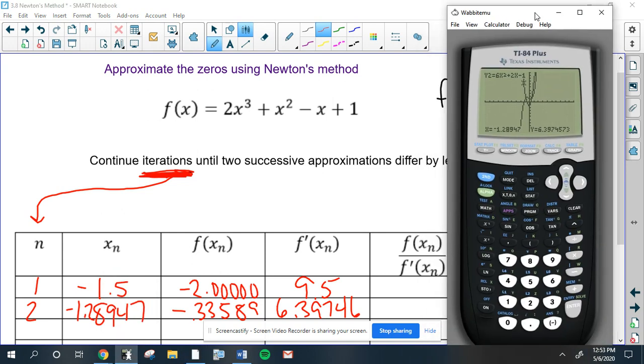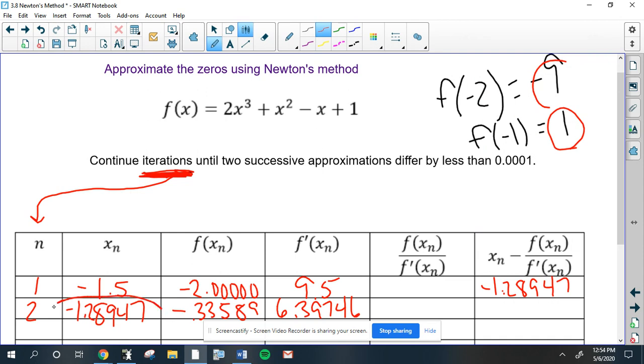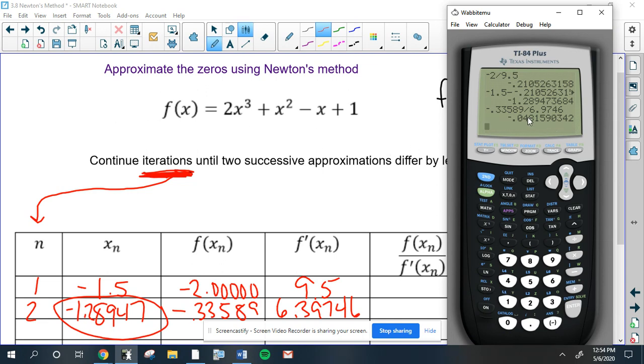So now I'm going to take the negative 0.33589 divided by the 6.39746. That's the column that I'm not writing in. And then take this number and subtract this result from that number.